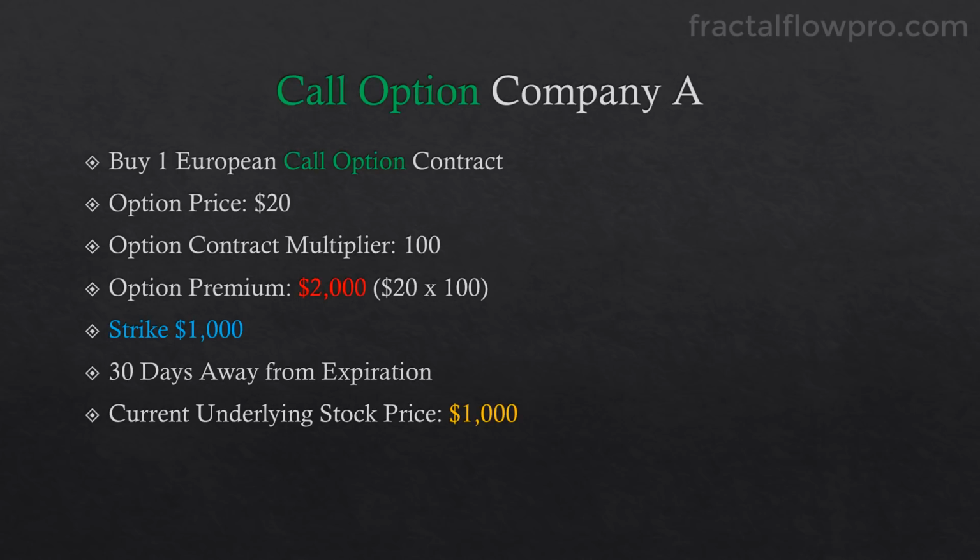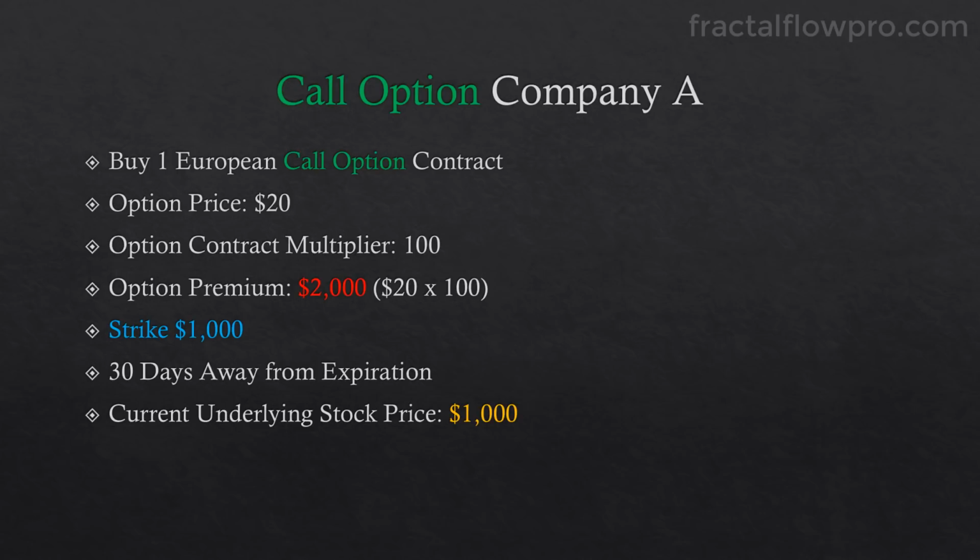The option premium of $2,000 means that we are paying $2,000 to have the right to buy 100 shares of the underlying stock at $1,000 per share at the expiration date, since this is a European call option contract.